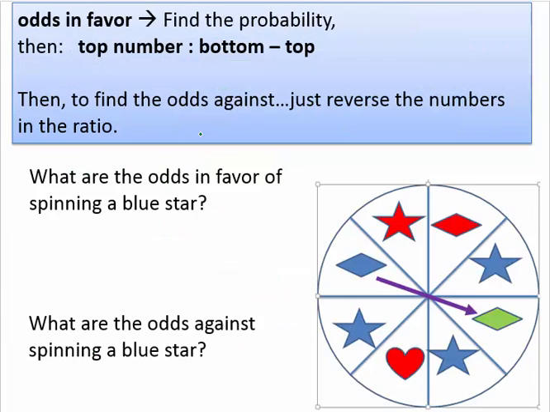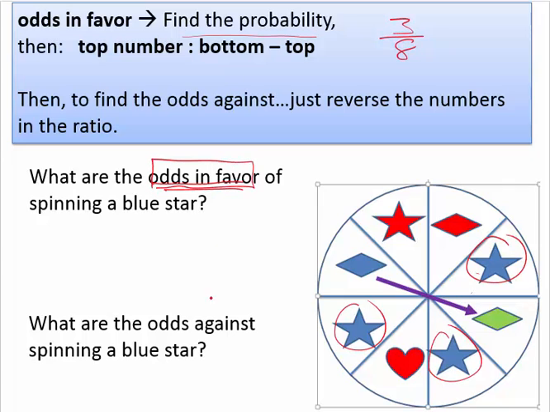Okay, let's do another example to make sure you got that down. This just repeats what I taught you on the previous page. What are the odds in favor of spinning a blue star? Let's first find the probability of spinning a blue star. There's 1, 2, 3 blue stars. There's 8 total figures there, so the probability of spinning a blue star is 3 out of 8. So what are the odds in favor of spinning the blue star?